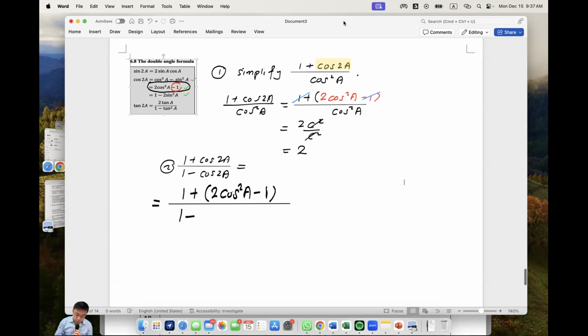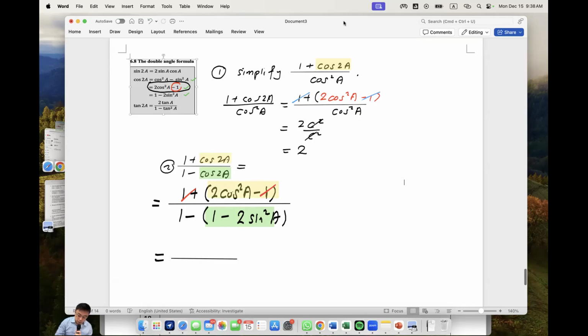So the top one, we change to 2 cos square minus 1, isn't it? How about the bottom one? This one I put in the bracket, class. So when we open the bracket, the top one left what?